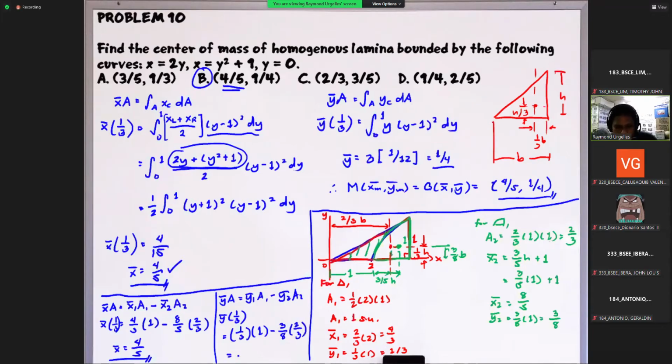So this will be 1/3 minus 3/8 times 2/3, then times 3. So our equation is correct. We have 1/4. Okay? So this is our equation.